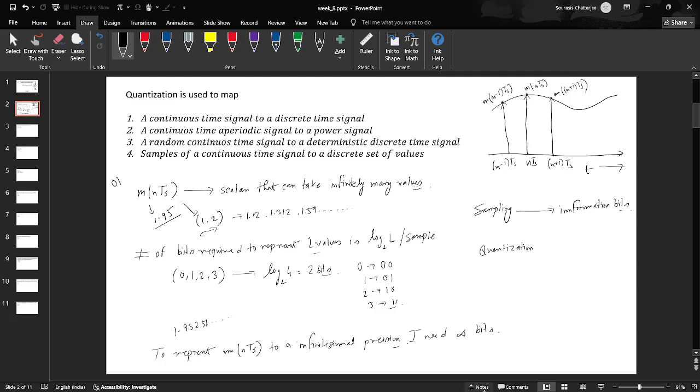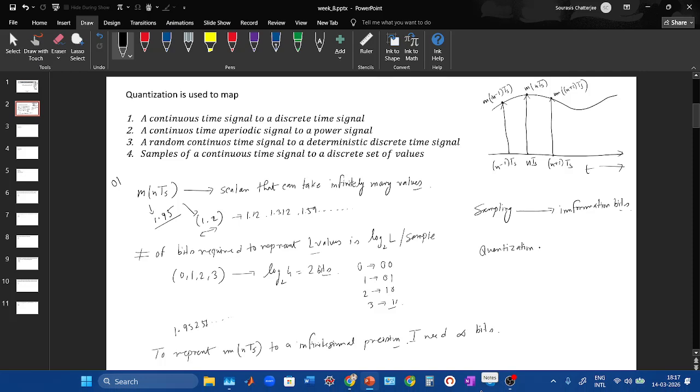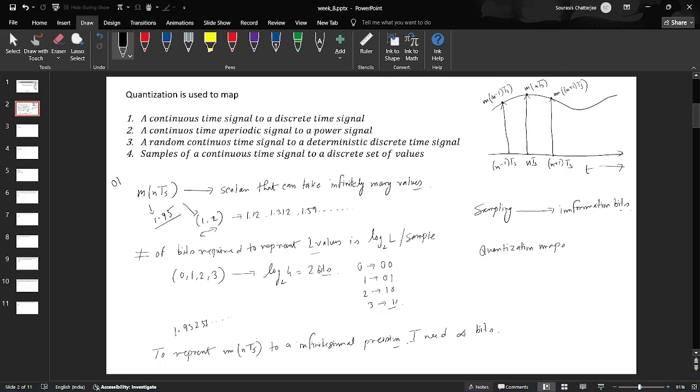Quantization maps the samples to a discrete set of values that can be used to store them or to transmit them. So that is the goal of quantization.